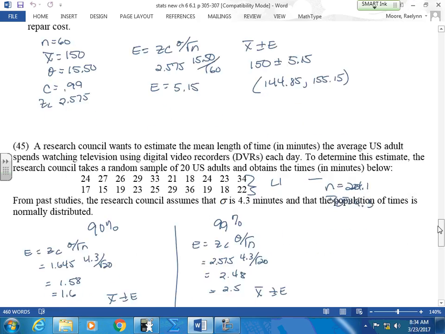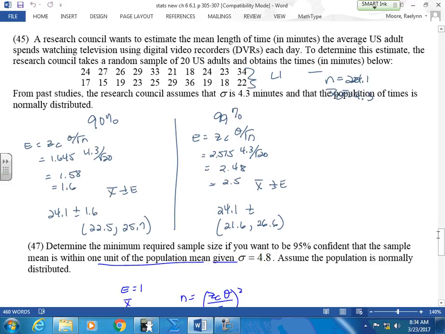45 is the next one. Did everybody put this in their L1 to find their mean? L1, you get your X bar, you had to put this in your L1. So you found your mean. Put your mean in there. Your mean was 24.1. How do I know how to round it to one decimal place? Because rule of thumb is round the mean one decimal place more than the X values.